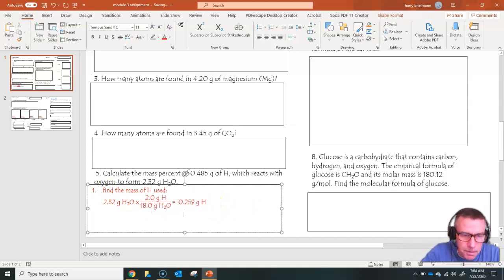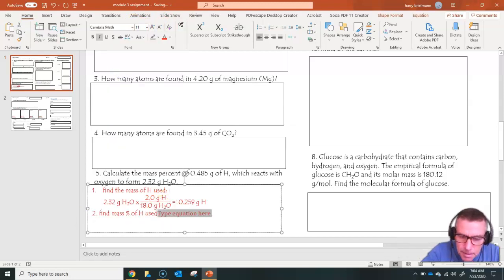Now, the second thing I'd like to figure out is the percent of hydrogen used, to find the mass percent of hydrogen used. And I just can't abide by that font, right? So let me just change that to the font I prefer.